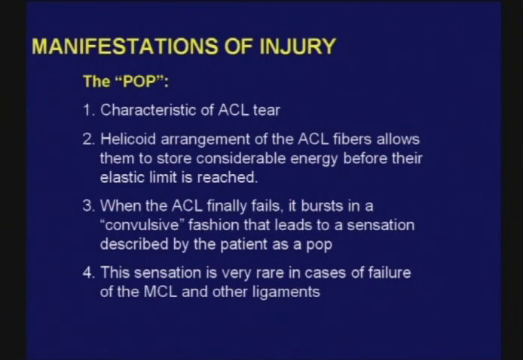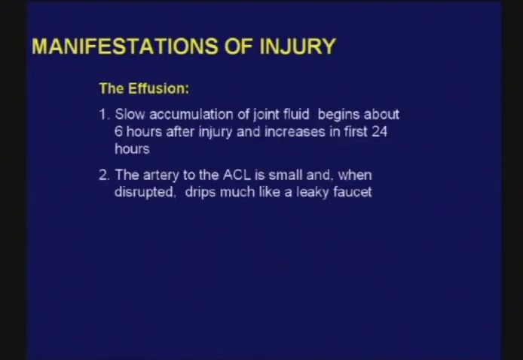And as I indicated earlier, it is the helicoid fibers that probably explain that recoil that occurs when we have that part of the torn ligament projected anteriorly into Hoffa's fat pad. You don't see that with the medial collateral ligament. They don't have helicoid fibers. Other ligaments may, but not supposedly the medial collateral ligament.